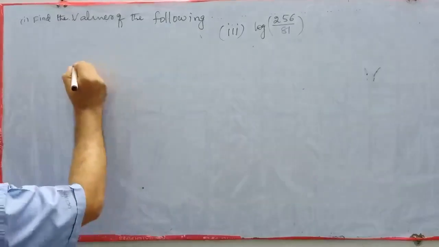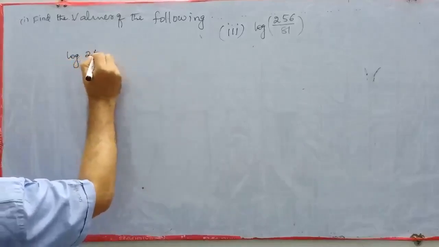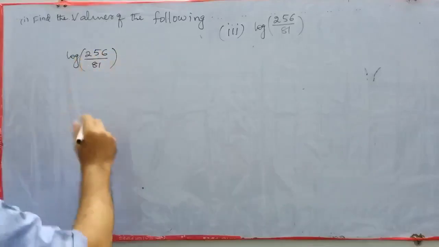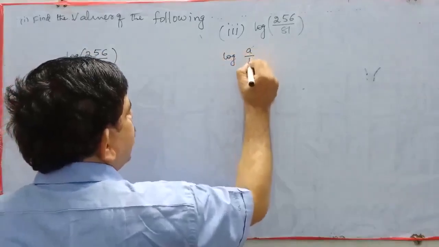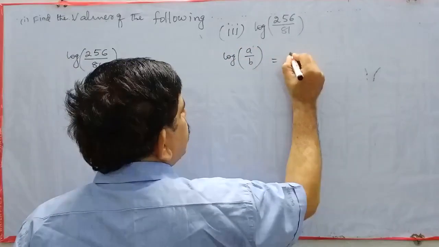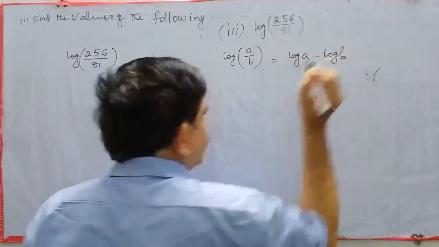Next question, log 256 by 81. Now this is in the form of log a by b, which is equal to log a minus log b.